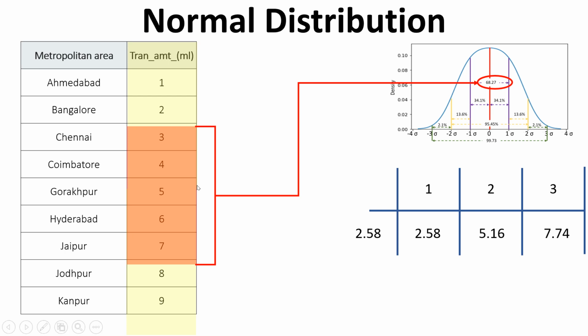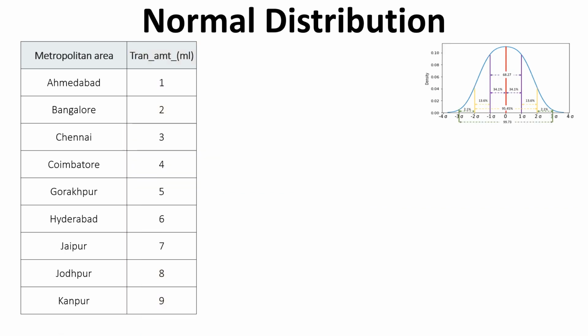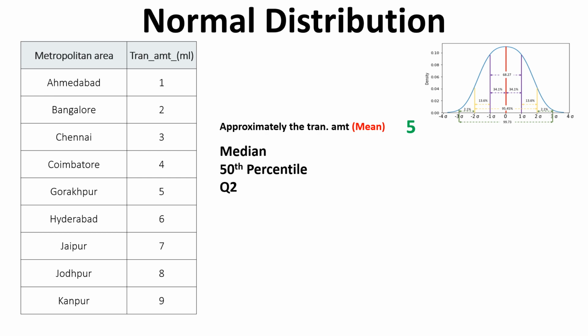I just hope that it was simple and clear to you. Moving forward, let's see, whatever we understood, how can we summarize our data. To summarize, we can say that approximately the transaction amount is 5 million, and the median, or 50th percentile, or second quartile of our data distribution is 5, because this is a normal distribution.